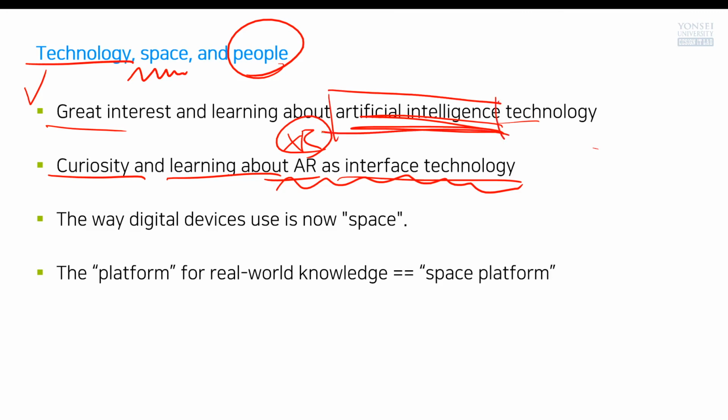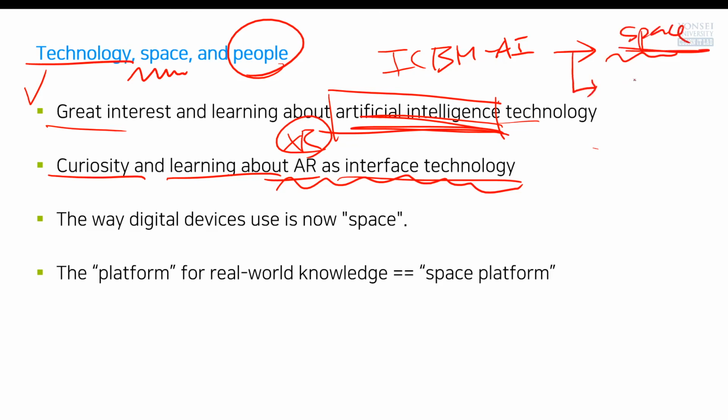These advanced cutting-edge technologies, so-called ICBM, AI, are all going to be implemented in association with spaces, and their interface is going to be space itself or something very advanced, including XR technologies, not just your keyboard or mouse. That's the point of what I said, okay?